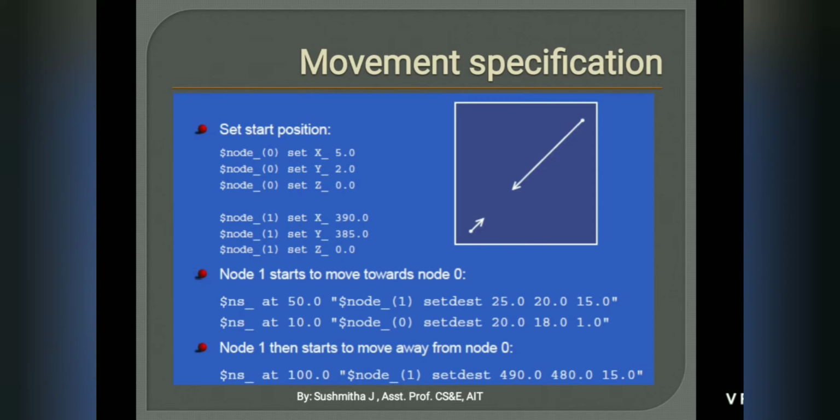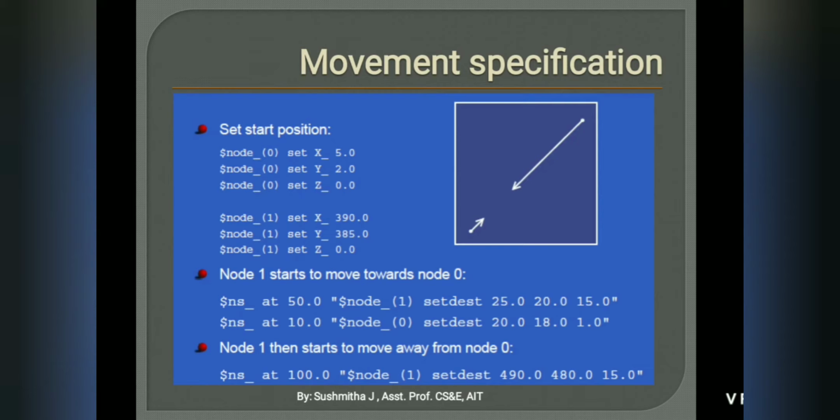So here you can specify the movements. Here we are setting up the graph. We have the x, y and z axis. The z axis is usually 0 because we tend to demonstrate a two-dimensional movement or a two-dimensional graphical representation.